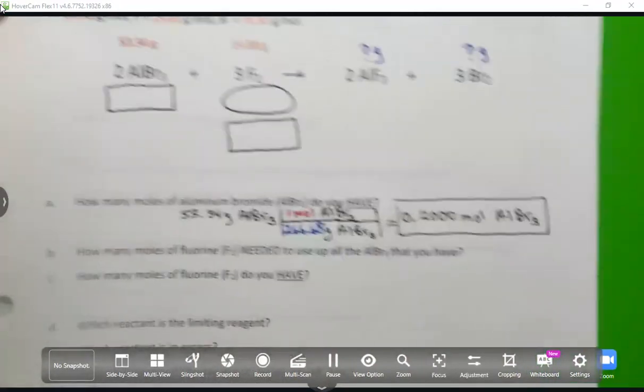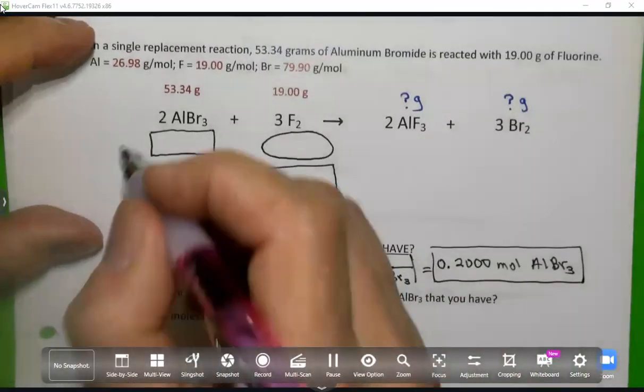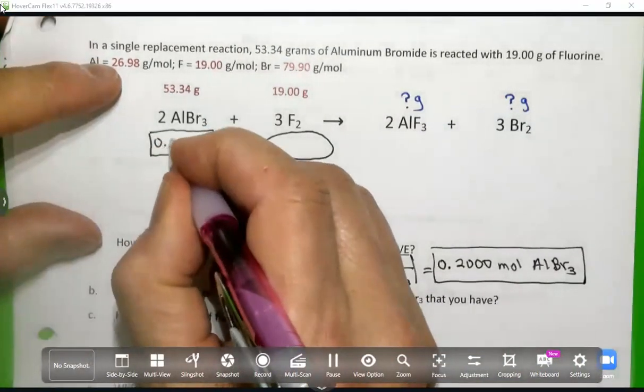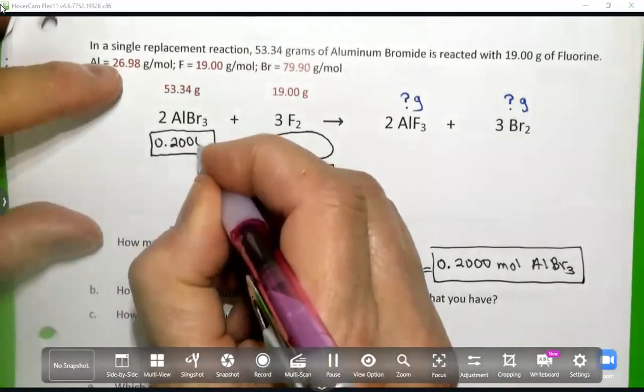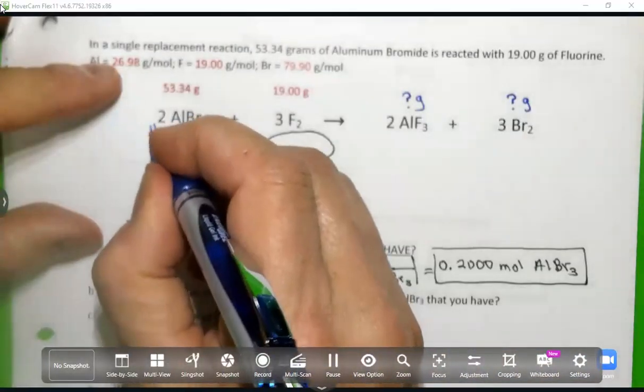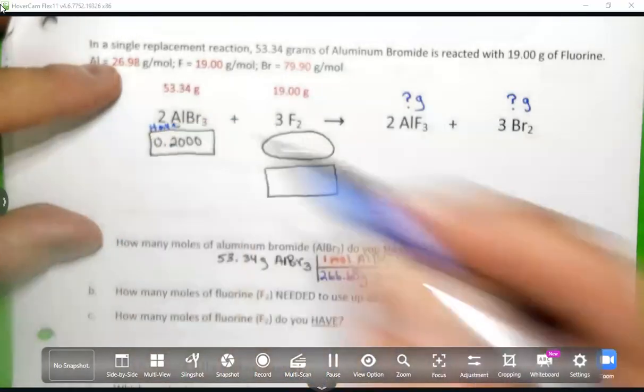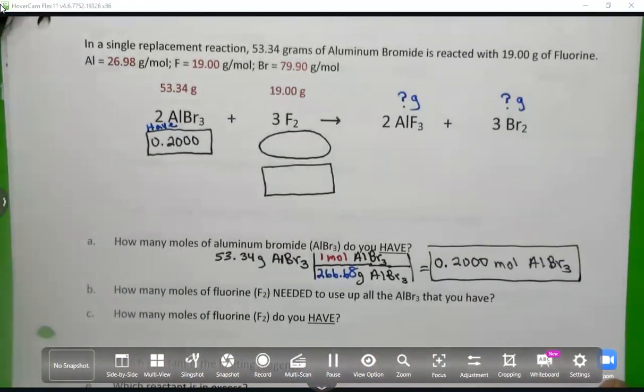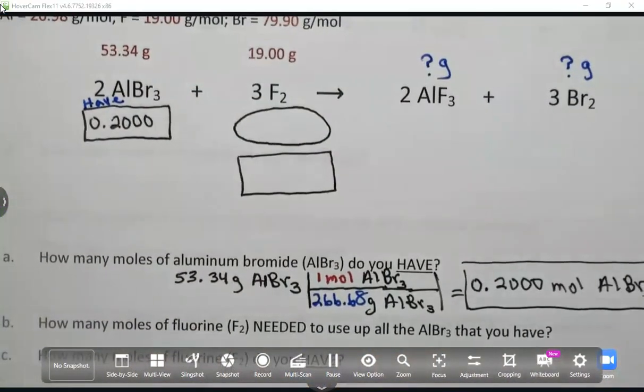So let's go fill this in up here. 0.200. That's what we have, right? For sure, that's what we have. We figured it right out from the grams.